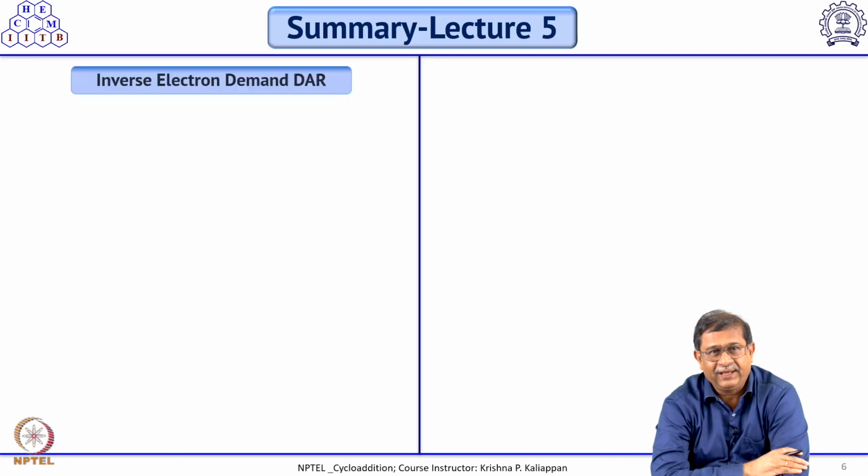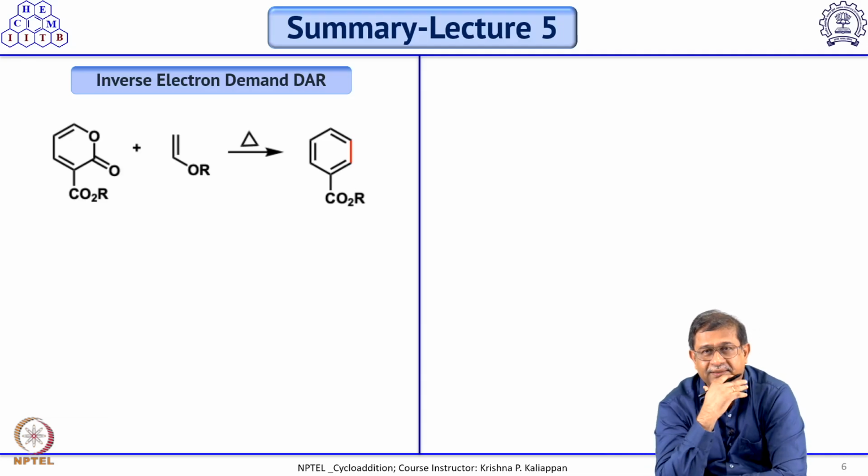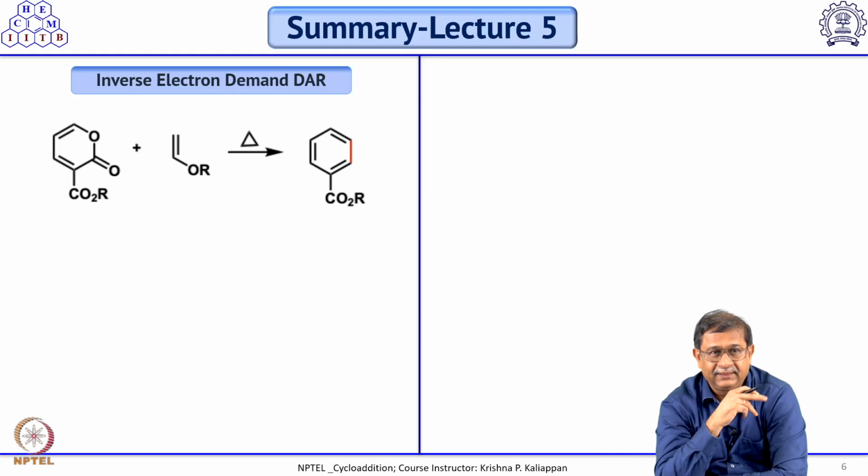So in lecture 5, we talked mainly about inverse electron demand Diels-Alder reaction. As I said, in a normal Diels-Alder reaction, an electron donating group is attached to the diene and an electron withdrawing group is attached to the dienophile. Here it is reverse.